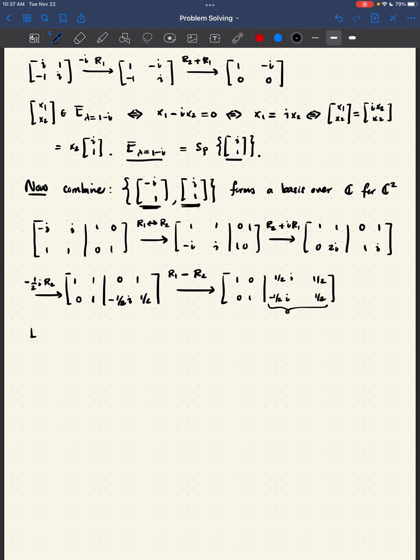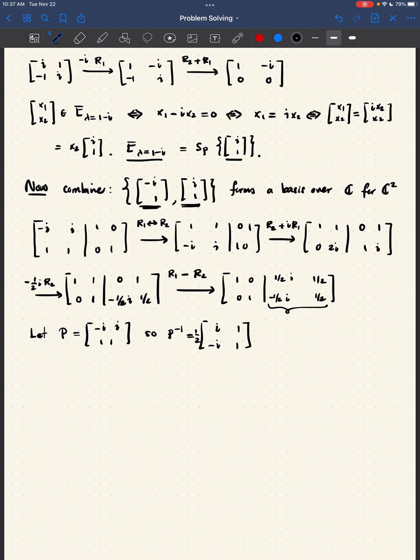So now we're going to let P be equal to the matrix with columns negative i, 1 and i, 1. So its inverse is going to be 1/2 of the matrix i, 1, negative i, 1.